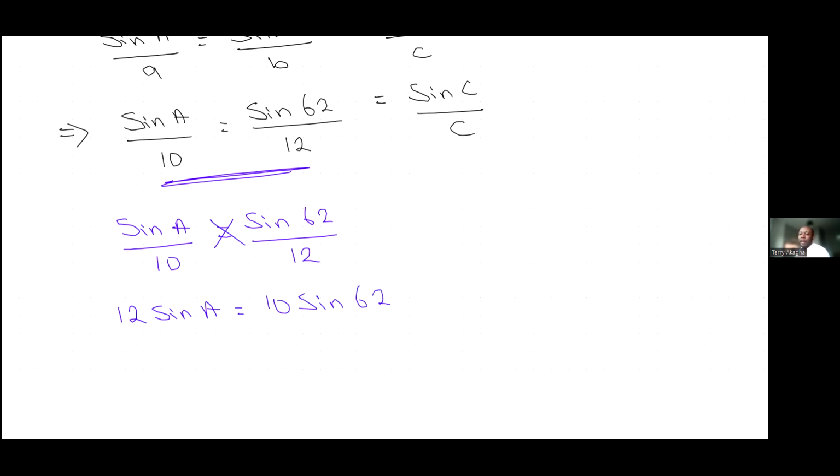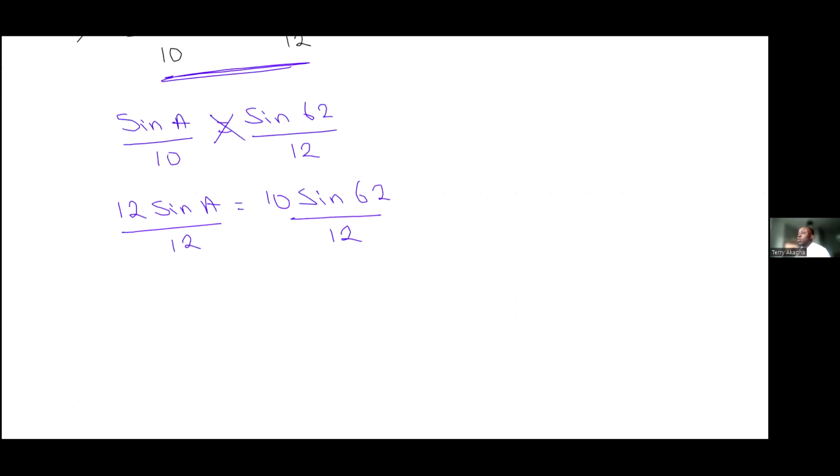But we're looking for sine A. So you divide both sides by 12, and then this is going to cancel that. So we're going to have sine A will be equal to 10 sine 62 divided by 12.